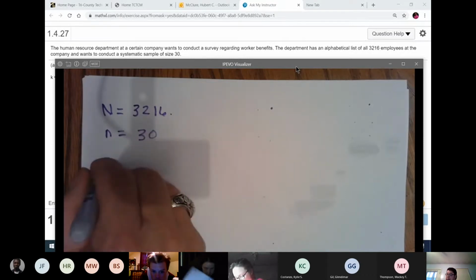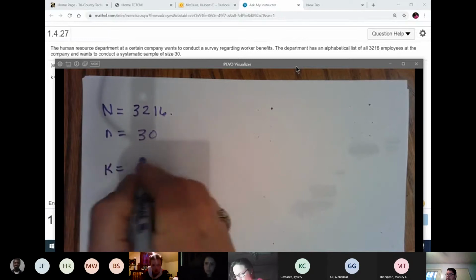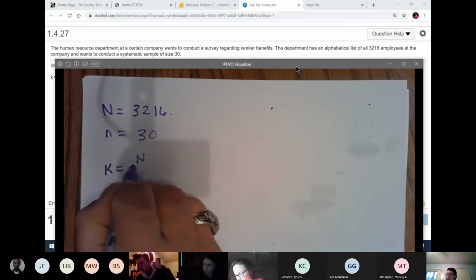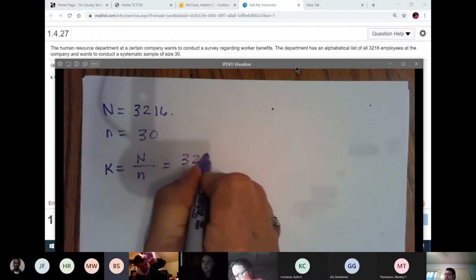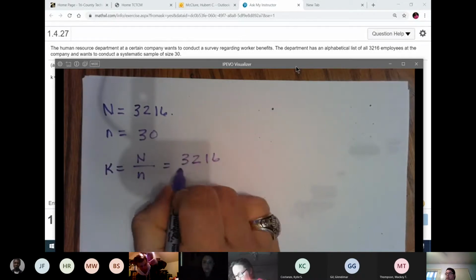So K is equal to big N over little n, which is equal to 3216 divided by 30.